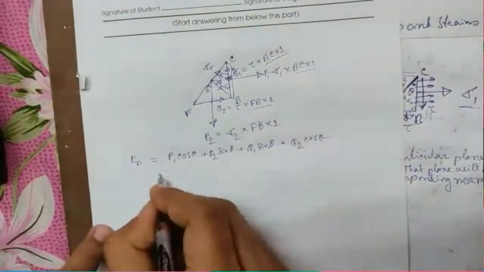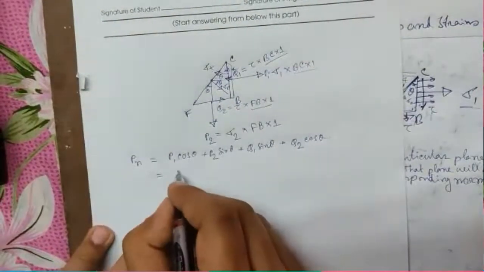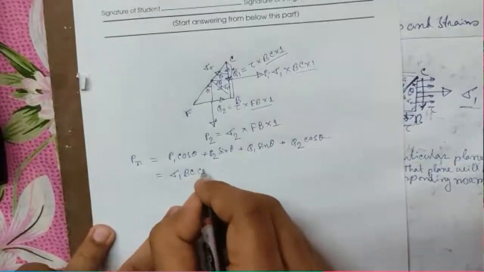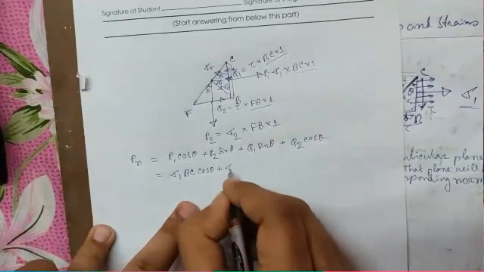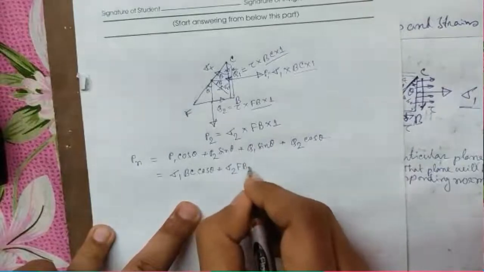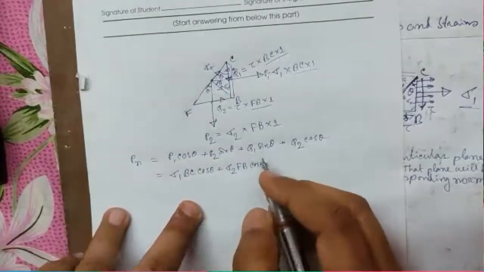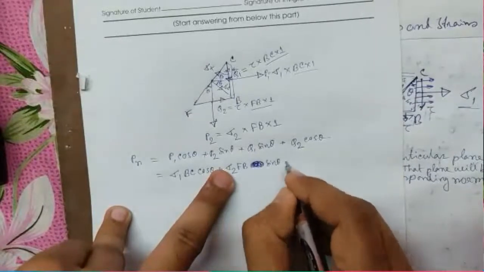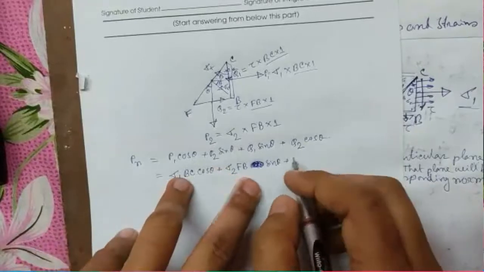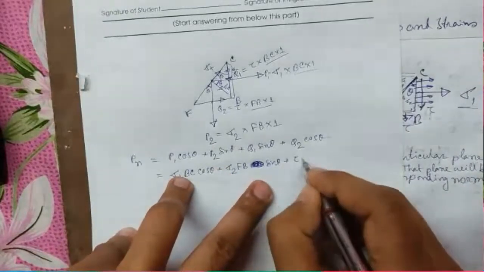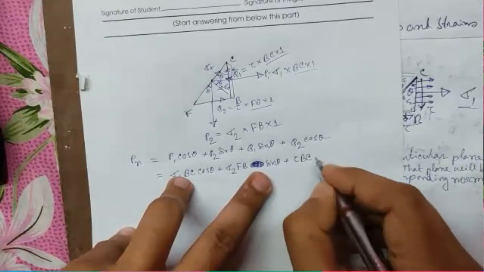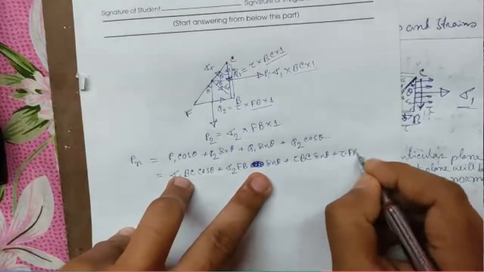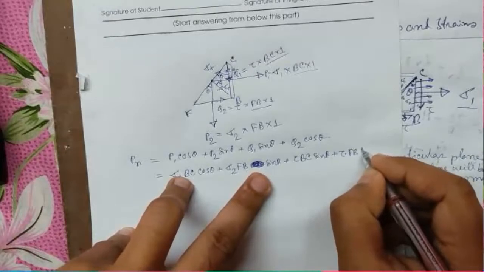Now substituting the values of P1, we can get sigma 1 BC cos theta plus sigma 2 FB, sorry, sigma 2 FB sin theta, plus Q1 is tau into BC sin theta, plus Q2 is tau into FB cos theta.